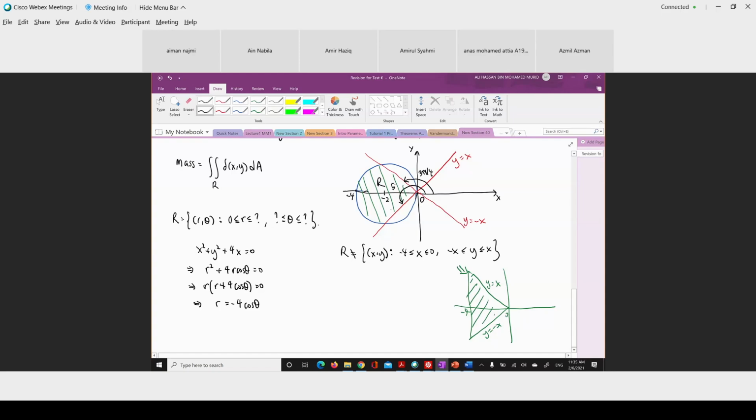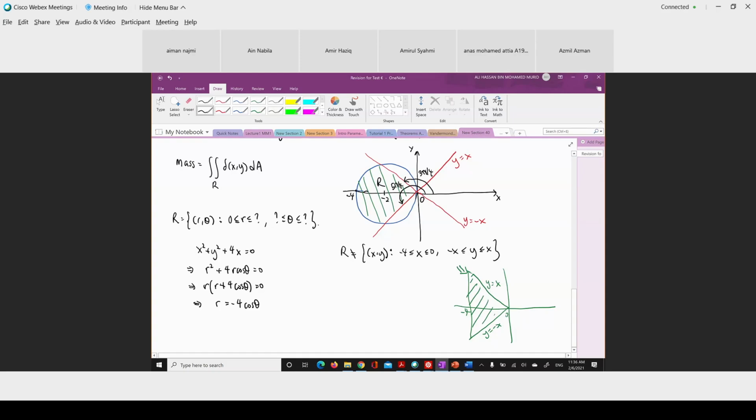Or it can be negative 3 pi over 4, but then you are going this way.